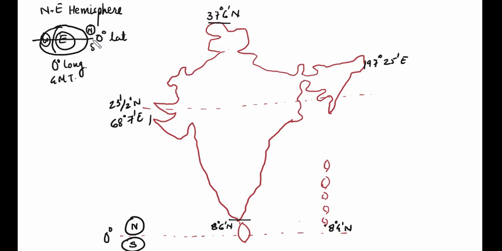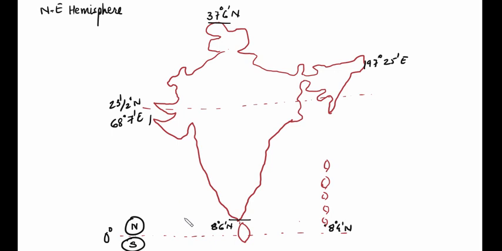So this 0 degree latitude divides the world into northern hemisphere and southern hemisphere, whereas 0 degree longitude divides the world into eastern hemisphere and western hemisphere. So India lies somewhere here. Okay, so it lies in north as well as east hemisphere.